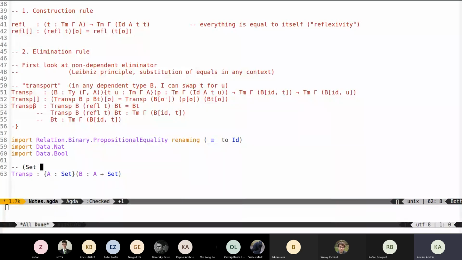So let's also... it's a universe in Agda, but I can also say that U is defined to be set. So let's do it. So it's universe in Agda.